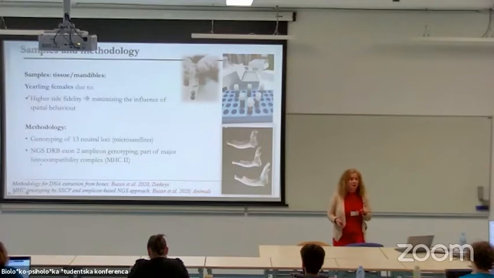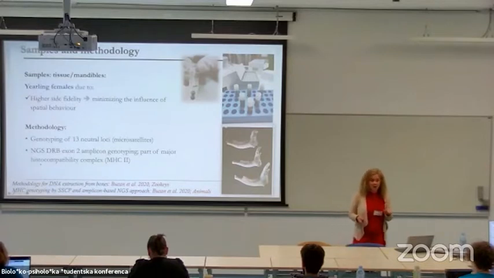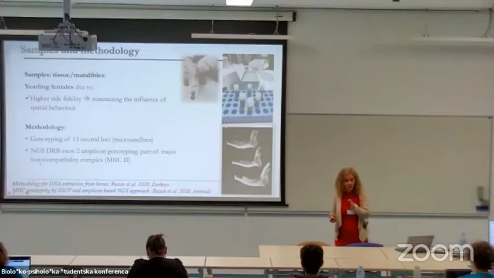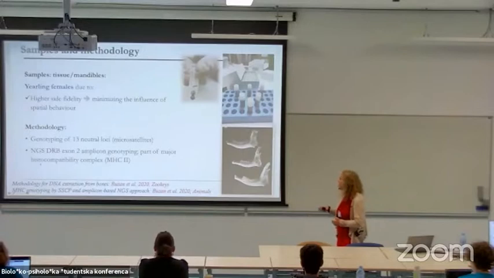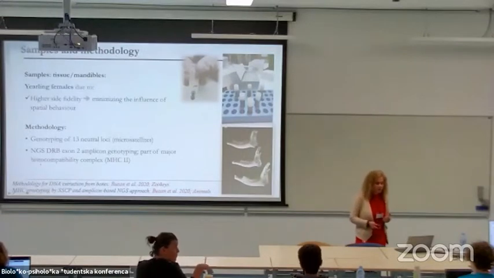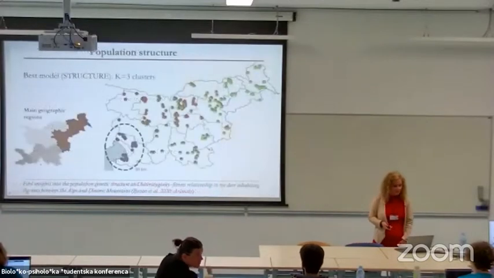Mandibles are regularly collected by Slovenian hunters as proof that they really harvested the number of animals according to the management plan. Otherwise, the hunting family needs to pay a penalty if they do not fulfill the hunting plan. So there are a lot of mandibles collected all across the country, and we used them for this study.